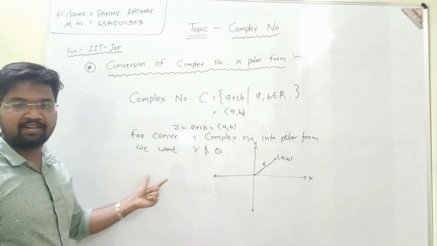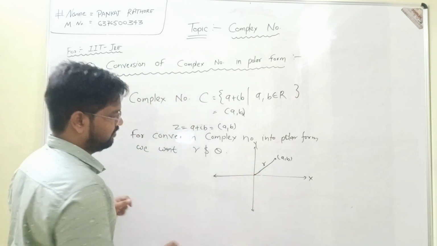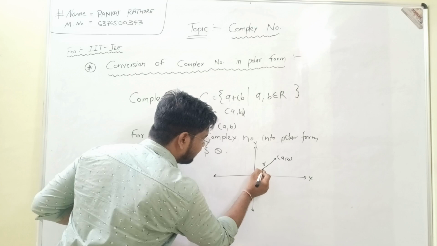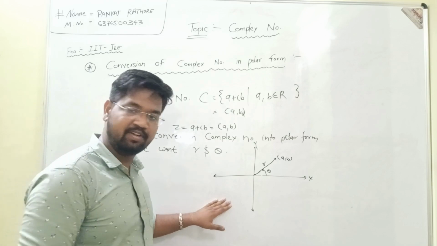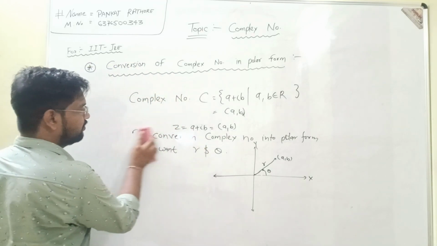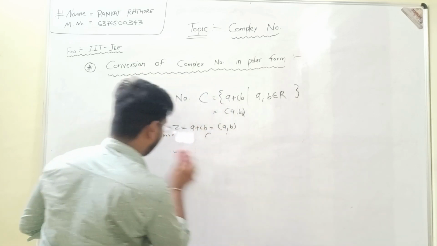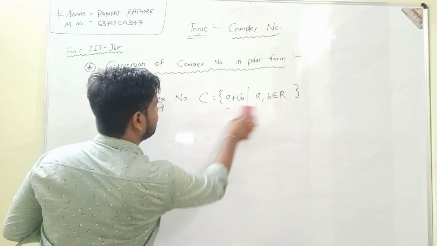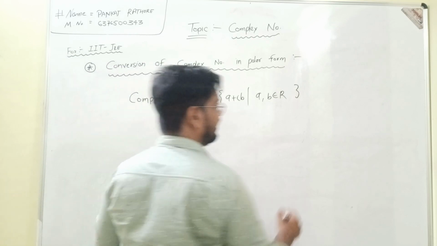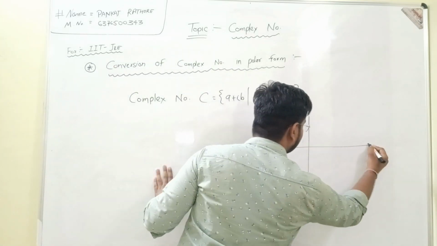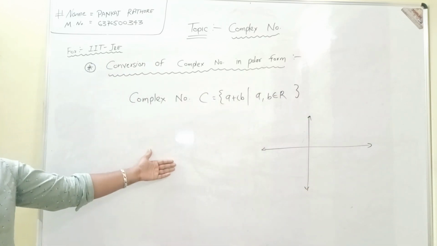And what is the theta? Theta is the angle made by this line with the positive x-axis. So that is theta. Okay, everyone understood? Now firstly, in the graph, we understood what the values for the thetas are.